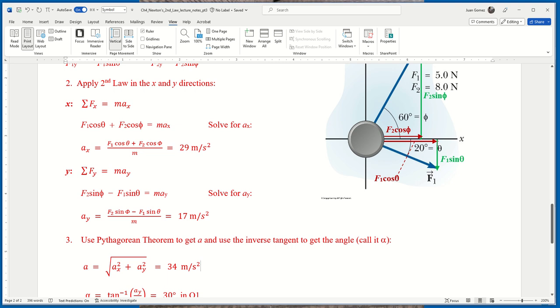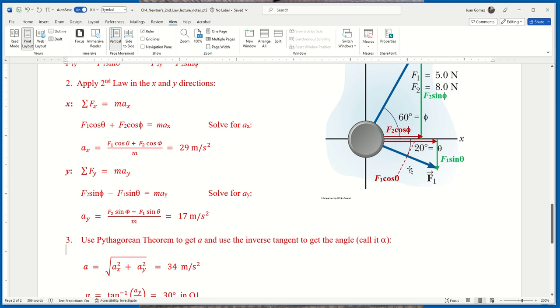Now here's where you want to be careful. Because F1 is in Q4, I know that F1 sine theta is going to be negative, right there. Now what about the x component of F1?